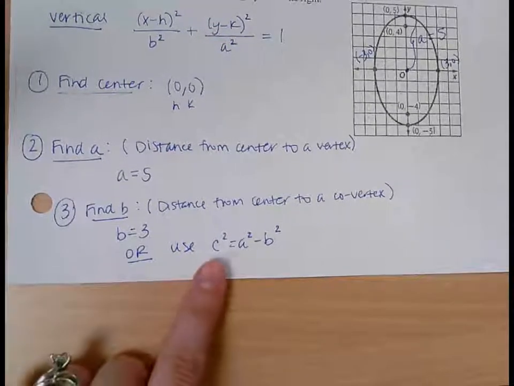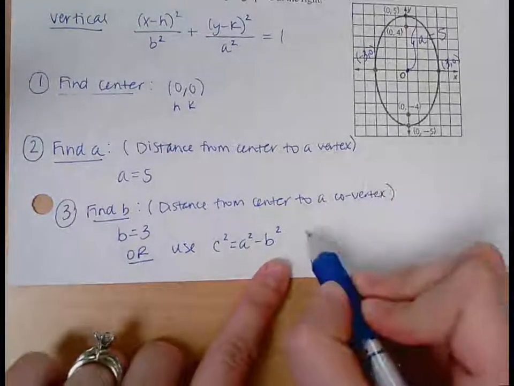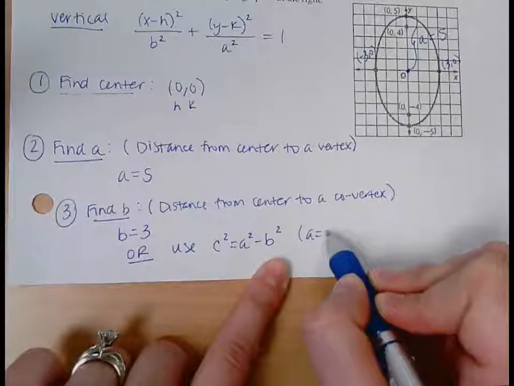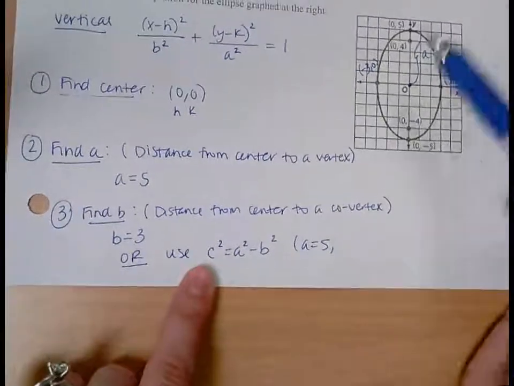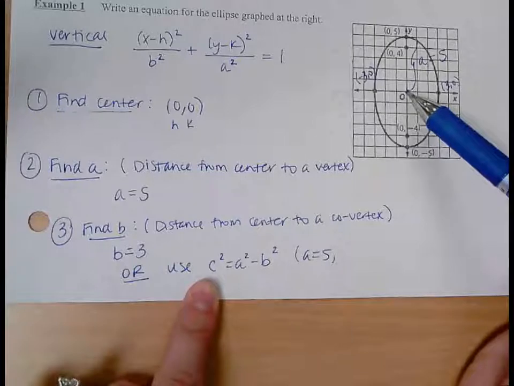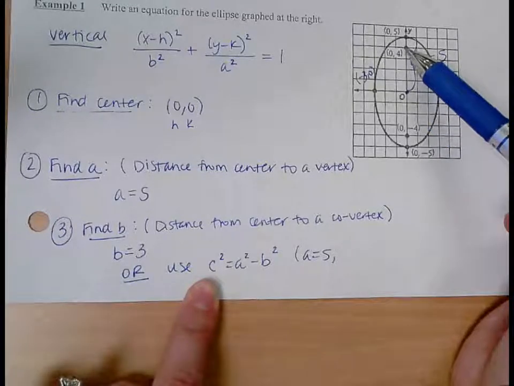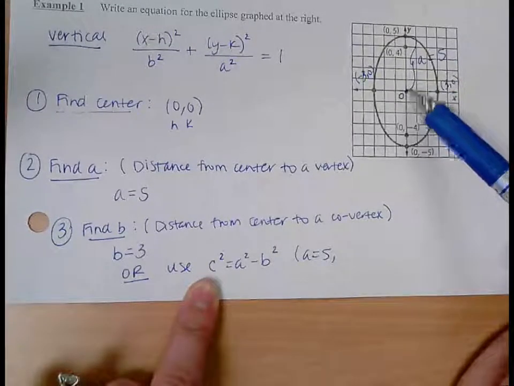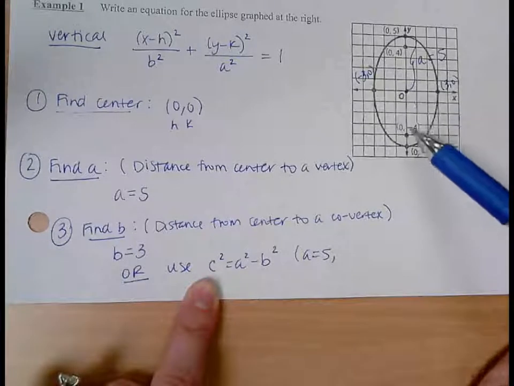So to use this formula, we've already said that A is 5. C is the distance from the center to a focus. What would the distance from the center to a focus be?